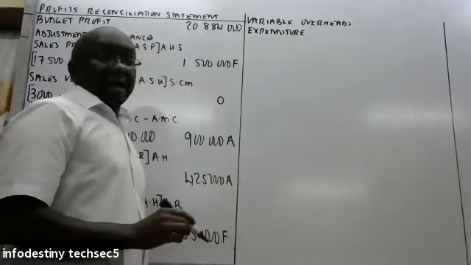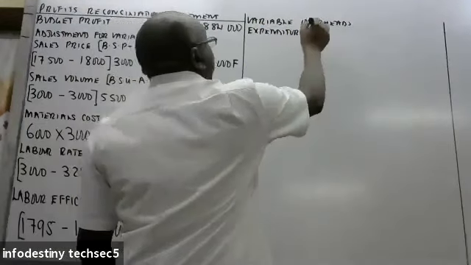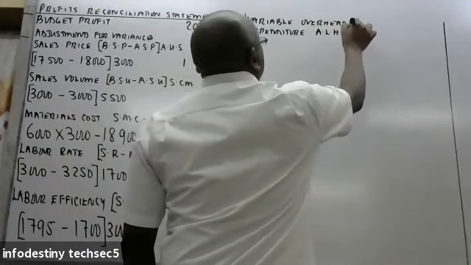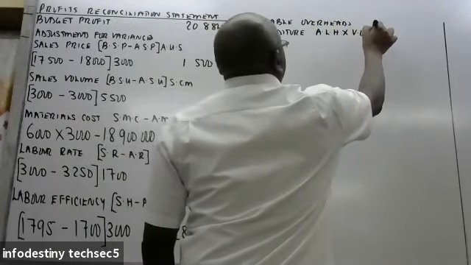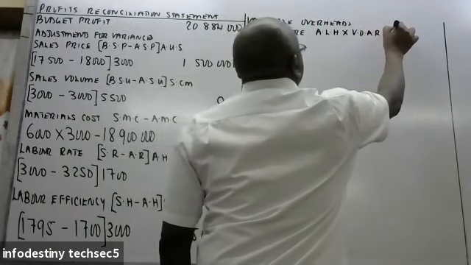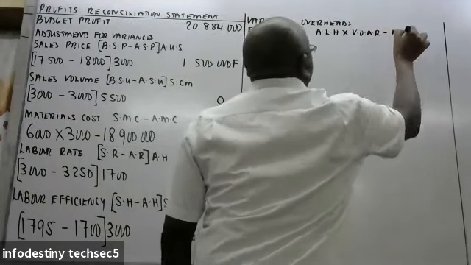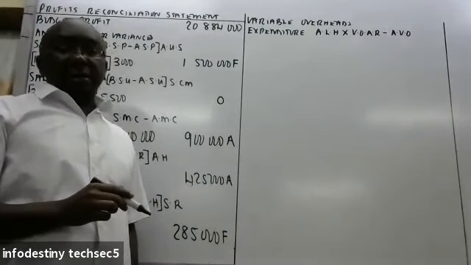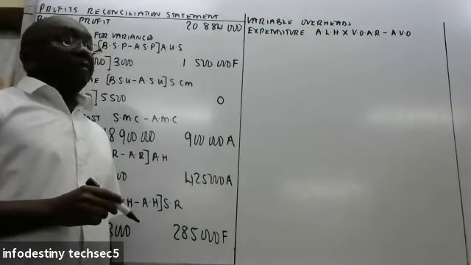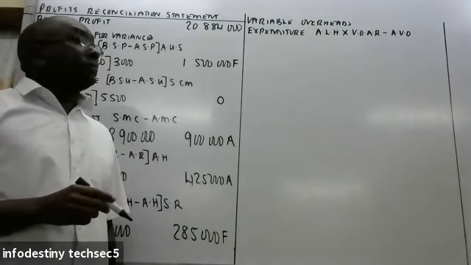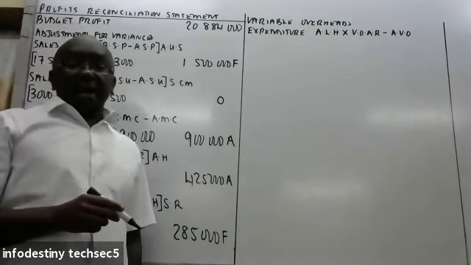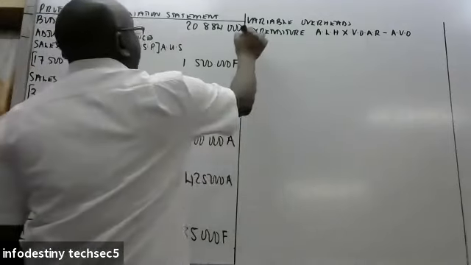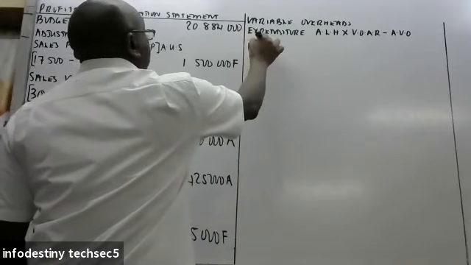So expenditure is given as actual labor hours multiplied by VOAR, minus actual variable overheads. So the actual labor hours are 1,700.